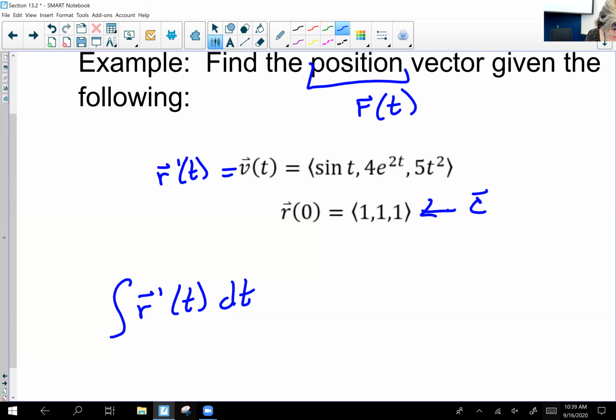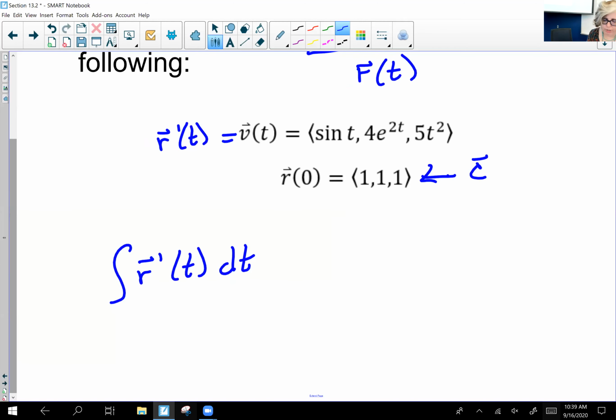So when we took the derivative of the vector, we took the derivative of each part, the I component, the J component, the K component, right? We're going to do the same thing here, except we're going to integrate each part. Okay, and those of you that are doing some DiffyQ will know when you do that from an integration standpoint, you end up with a bunch of C's floating around, correct?